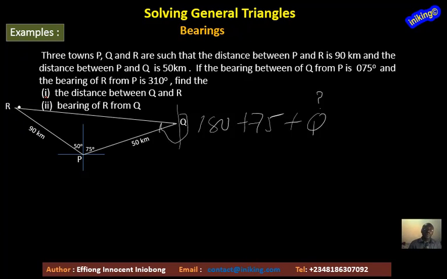Now, already we know RQ, so which means all three sides are known. We can use sine rule. If you like, we can still use cosine rule, but I think sine rule is sweeter.